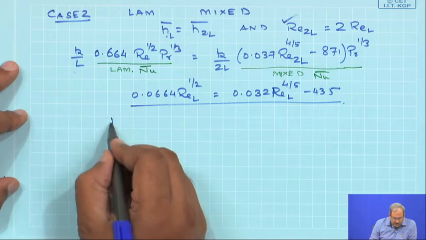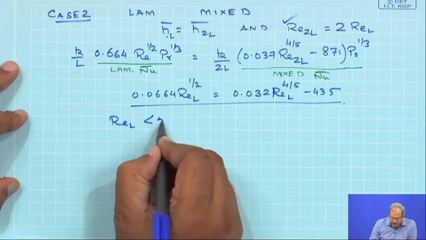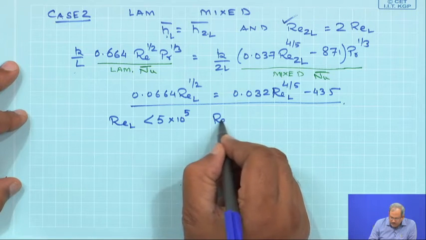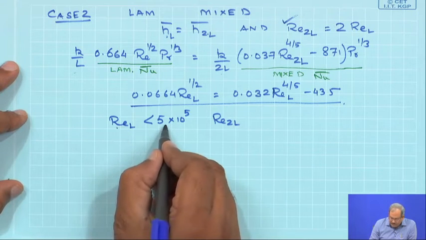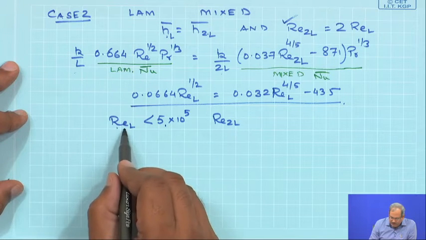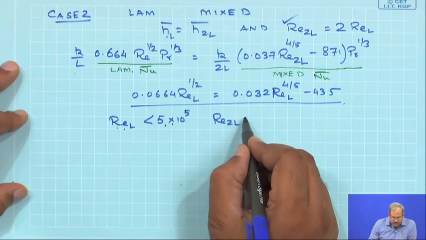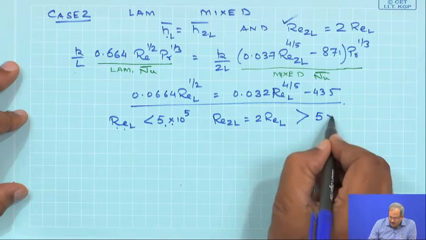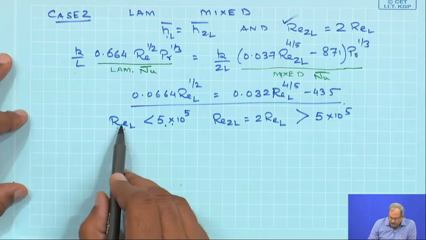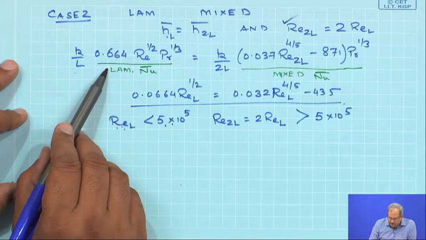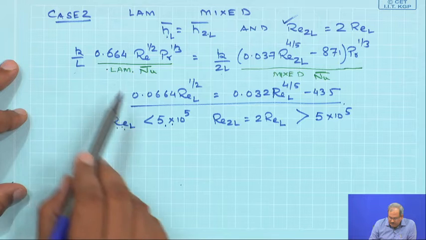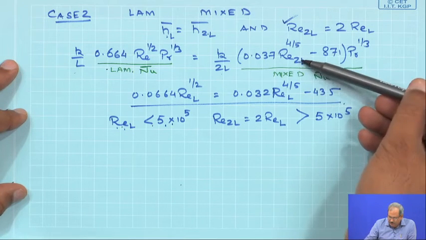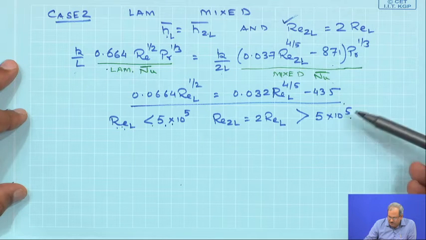Now, we identify that Re_L has to be less than 5 into 10 to the power 5, since it is in the laminar zone. So, Re_L must be less than this, and Re_2L, which is twice Re_L, must be greater than 5 into 10 to the power 5, since for the mixed flow my Reynolds number must be greater than 5 into 10 to the power 5.